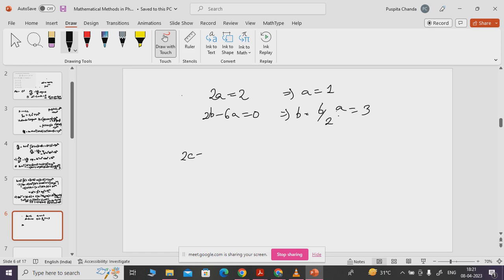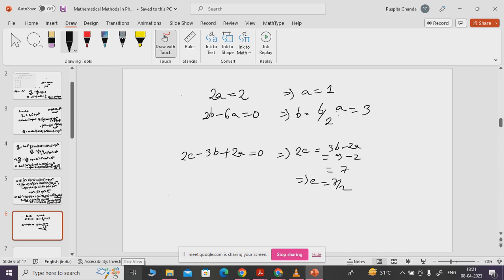Third condition is 2c − 3b + 2a is equal to 0. From that we can see 2c is equal to 3b − 2a, which is 9 − 2, 7. So c is equal to 7 by 2.